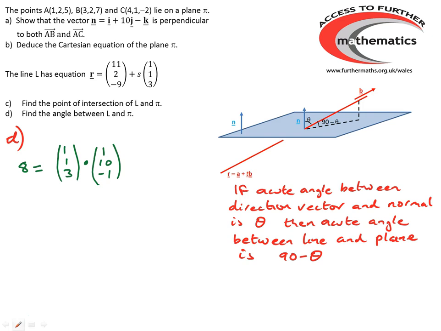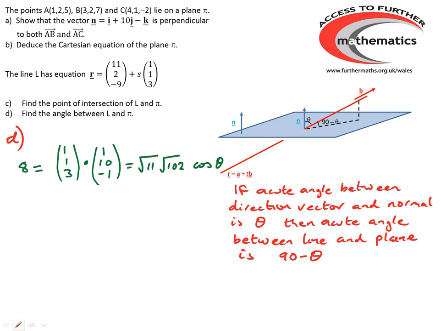And that must be equal to the length of (1, 1, 3), which is the square root of 1 squared plus 1 squared plus 3 squared, times the length of (1, 10, -1), which is the square root of 1 squared plus 10 squared plus -1 squared, times cos theta.